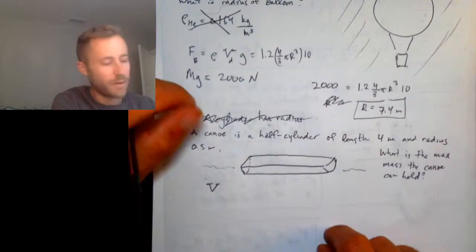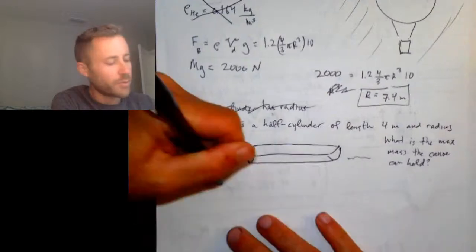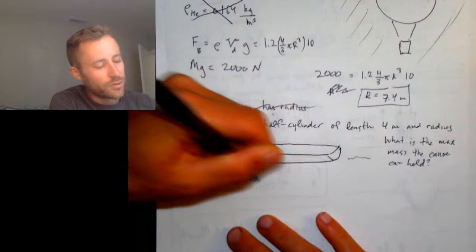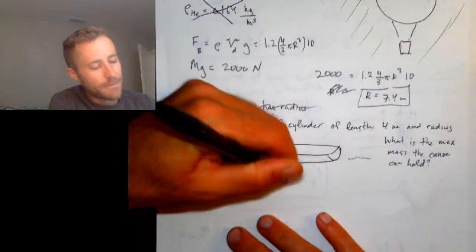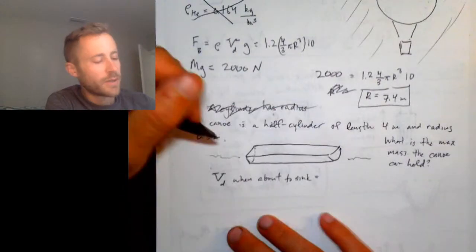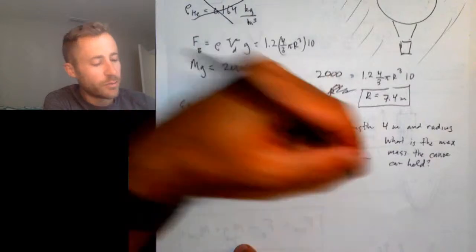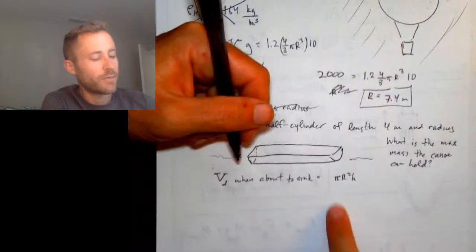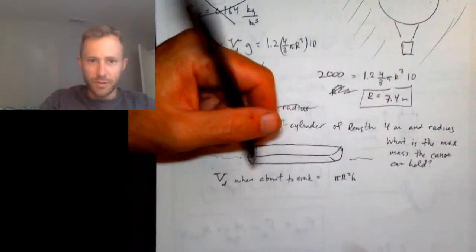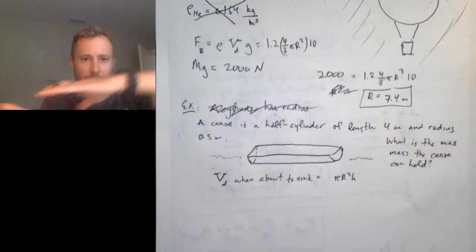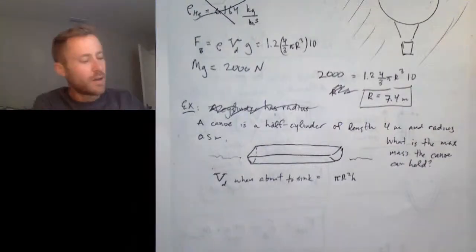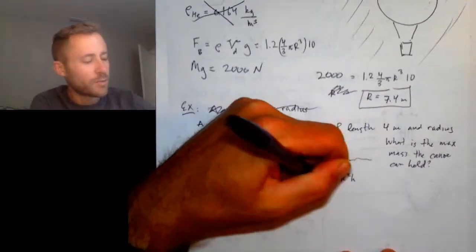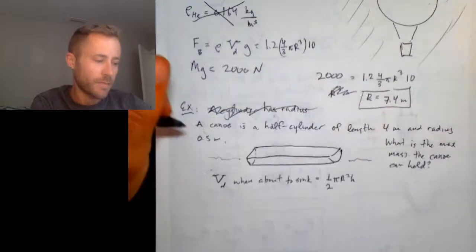So the volume displaced when about to sink is equal to, a full cylinder is pi r squared h, but because we have half of a cylinder, the top half is cut off so you can sit in it. So the volume displaced is this.